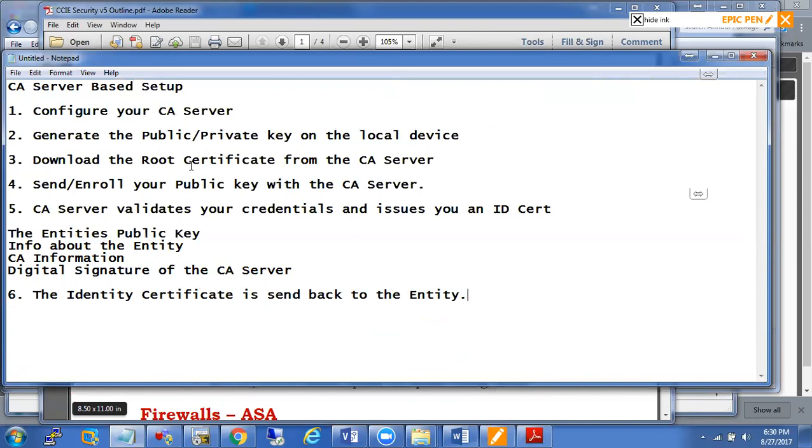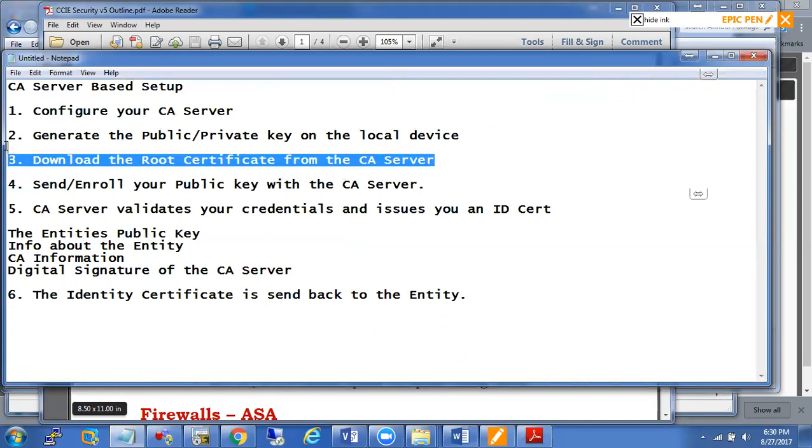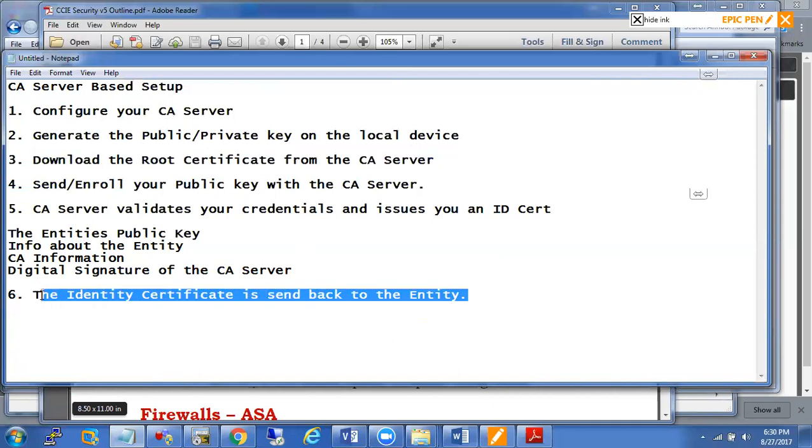So now at this point, how many certificates do I have on my device? I have the root certificate for the CA server, and I have my identity certificate. Everybody okay with that? You understand that? So I'll have my identity certificate and the root certificate. The other entity will have the same.